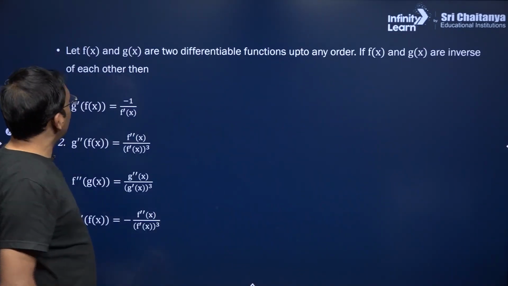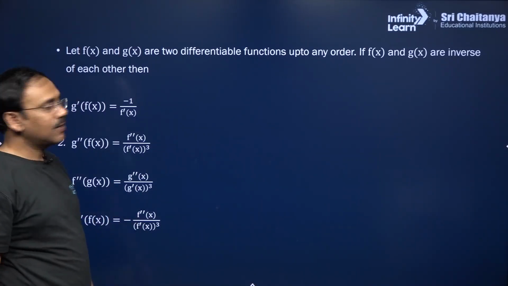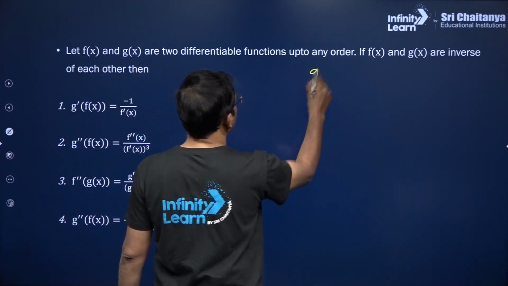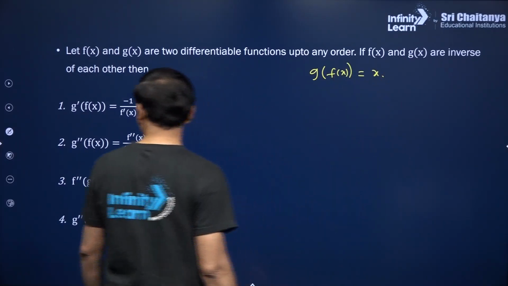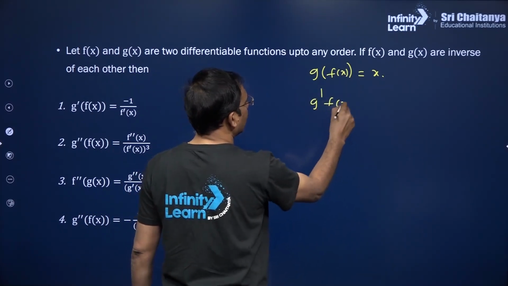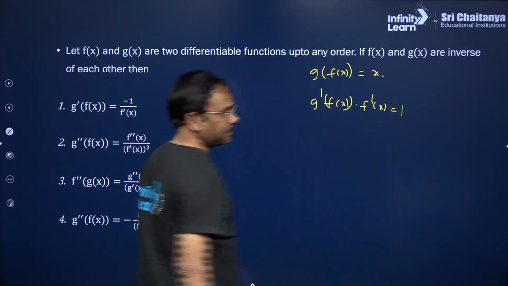Next, my dear friends, f of x and g of x are two differentiable functions up to any order. f of x and g of x are inverse of each other. So g of f of x is x. I just want f double dash, so you just take the derivative, friends: g dash of f of x into f dash x is equal to 1.